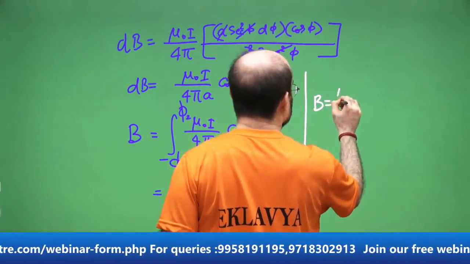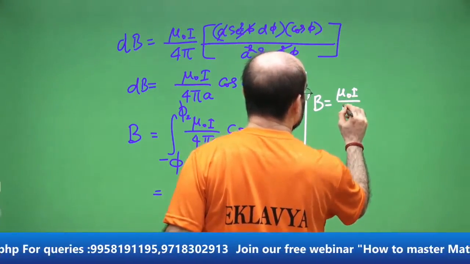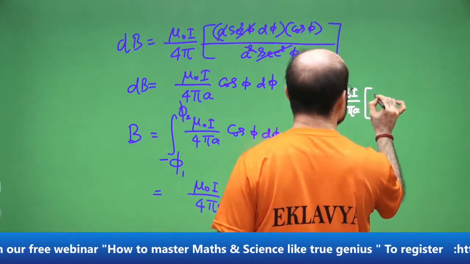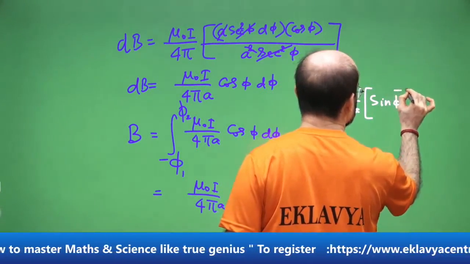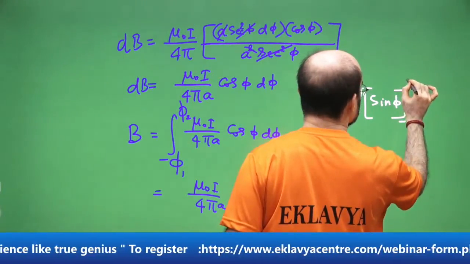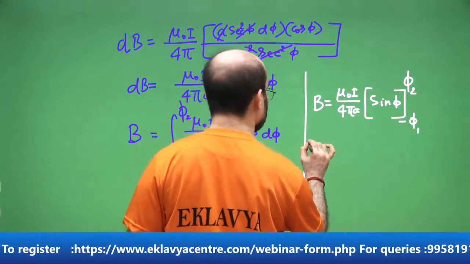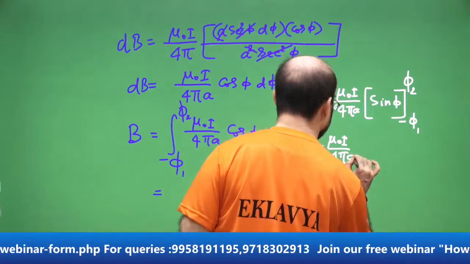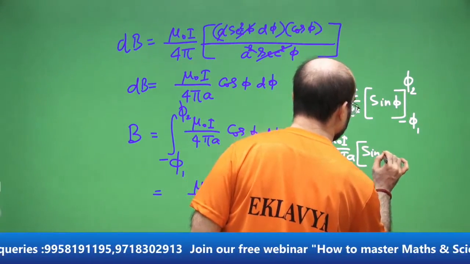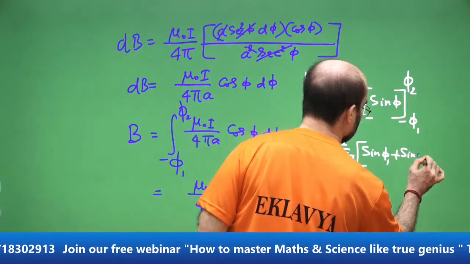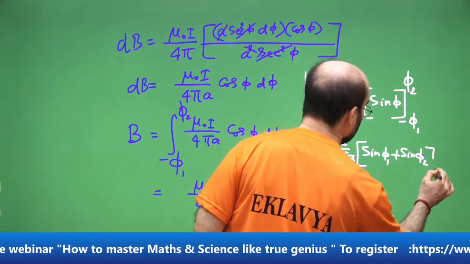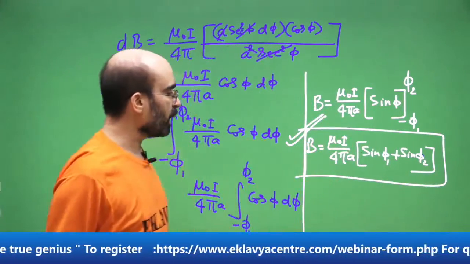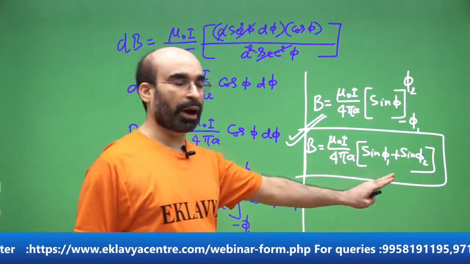B equals mu naught I by 4 pi a into, cos phi would become sin phi, from minus phi 1 to phi 2. So the final result would be B equals mu naught I by 4 pi a into sin phi 1 plus sin phi 2. This is our final result.